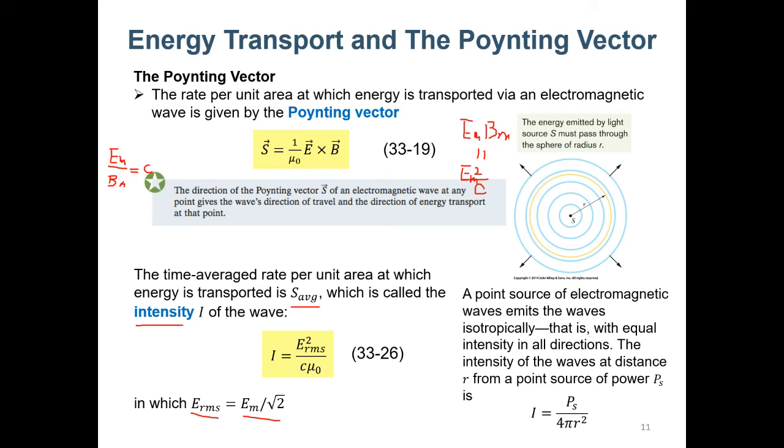Of course, we consider the average. So we take the root mean square rather than EM, which may be the peak power. Here we talk about the average power, so we use root mean square of E rather than EM, which is the peak E value.